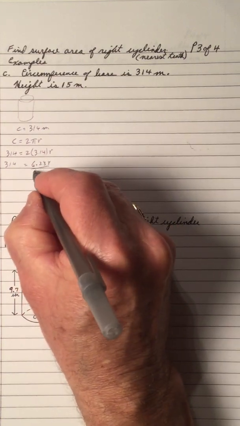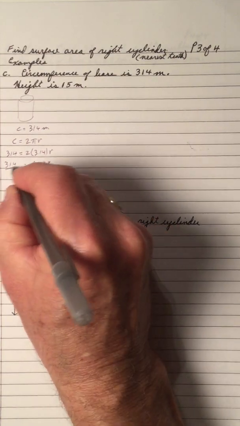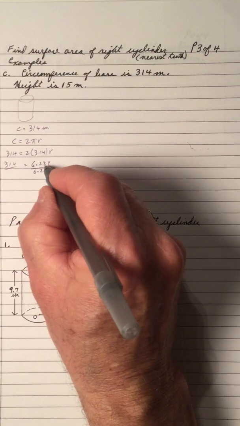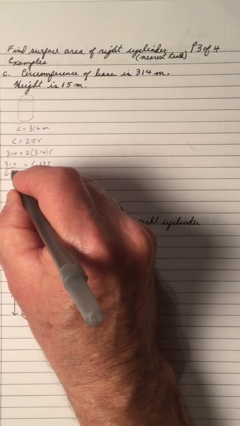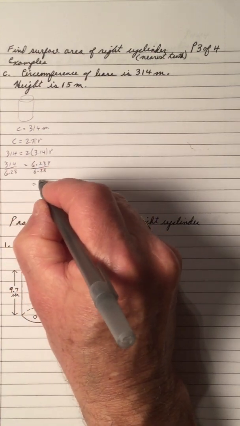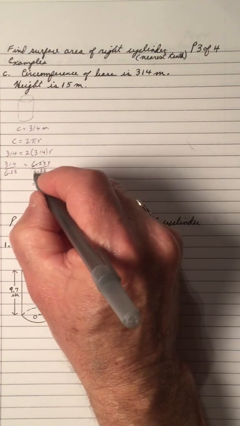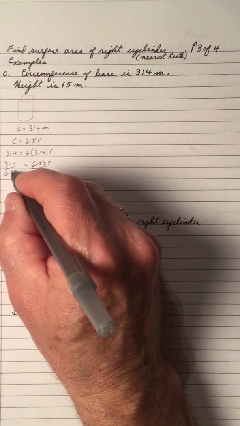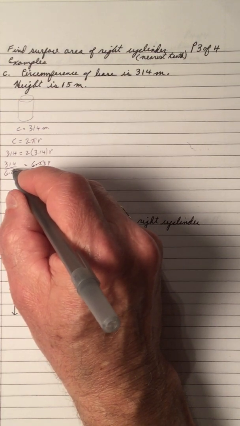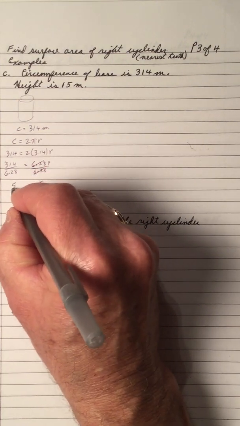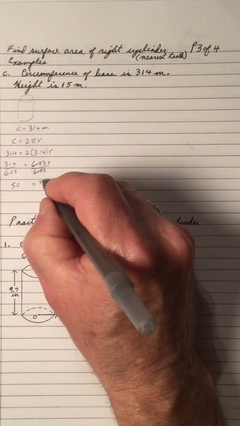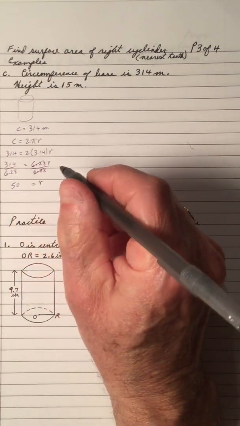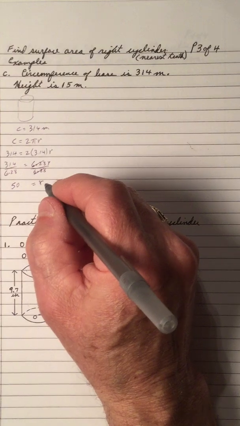If I divide each side by 6.28, because the opposite of multiplication is division, the 6.28 cancels, and 314 divided by 6.28 gives you, and I worked it out, a good number, 50. So my radius is 50.